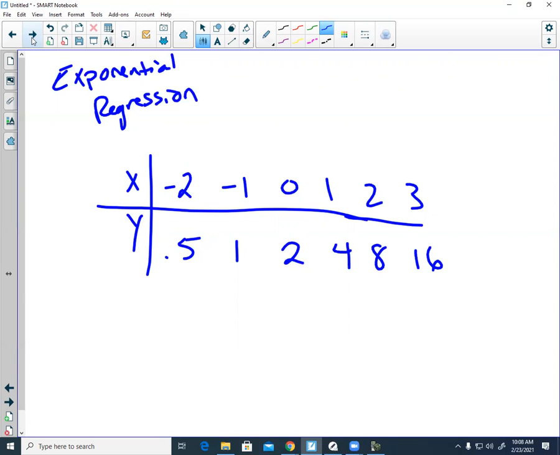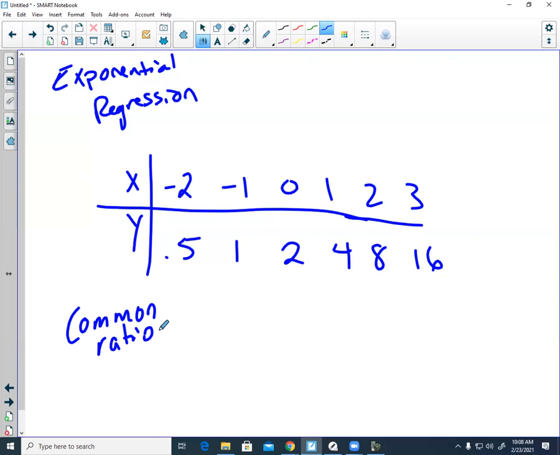Now, it will ask you the question, is this an exponential equation, or is this table exponential? What you're looking for is something called a common ratio. A common ratio means that to get from one y to the next y, you multiply by the same thing throughout the entire table.